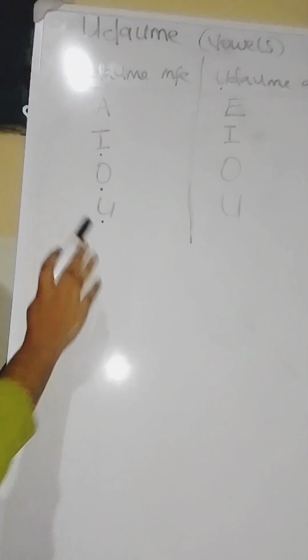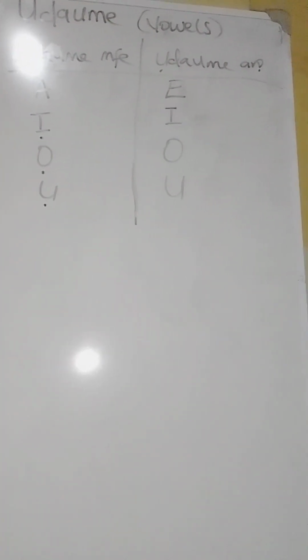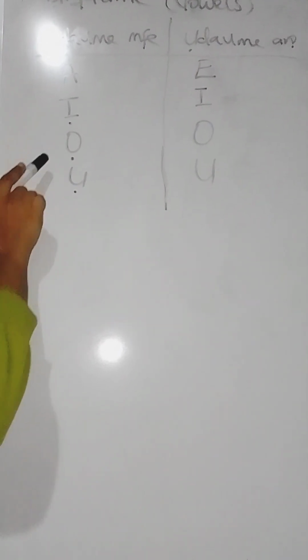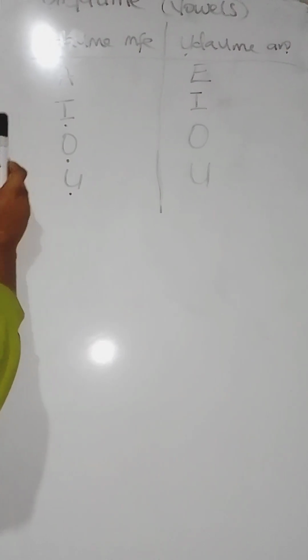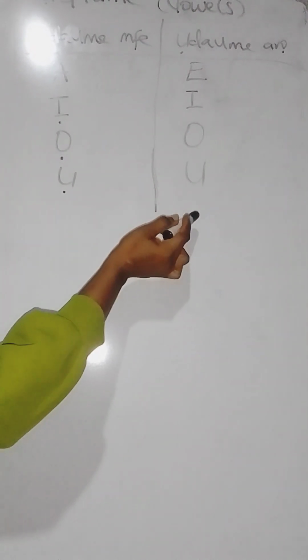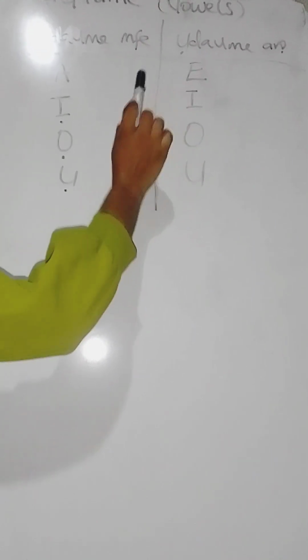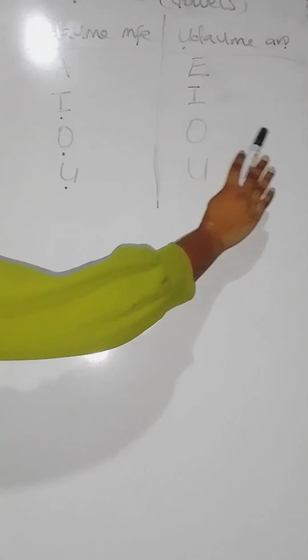It's very easy to learn because the groups just divided themselves. Those ones with diacritic marks under them with A are the ones under Odaume Mfe. Those ones without diacritic marks and E are the ones under Odaume Aro.